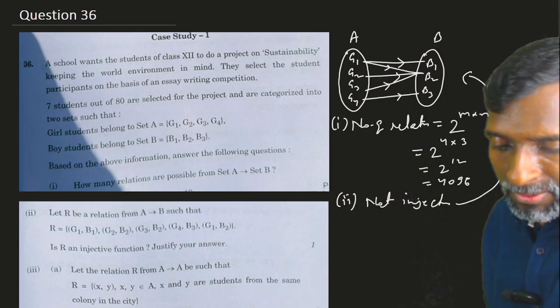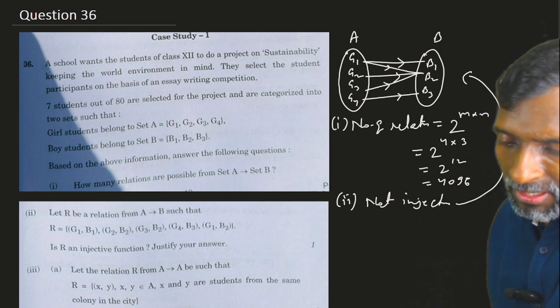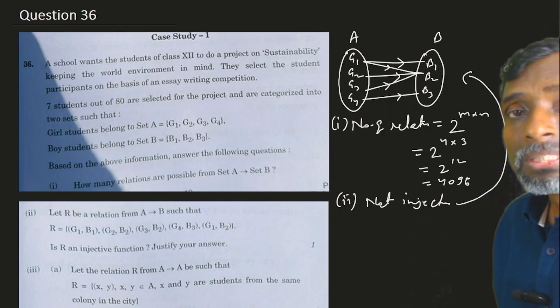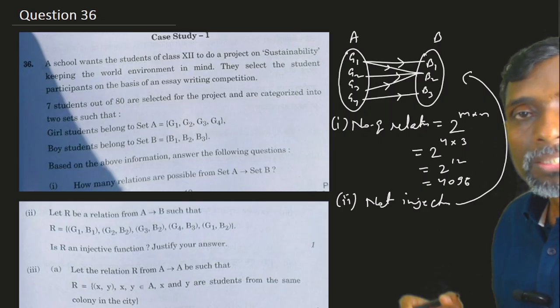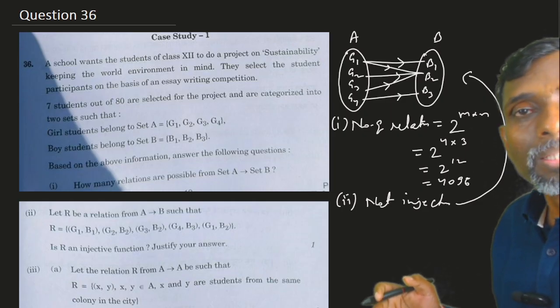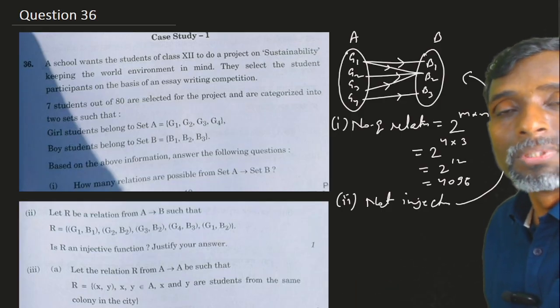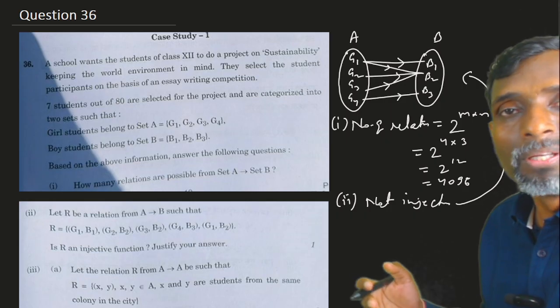Okay, third part of this question is, let R be the relation on A such that X and Y are the students from the same colony in the city. You know, this question is from NCERT. If X and Y are in the same city, same colony, same town, the same thing. X1 belongs to R, so it is reflexive.